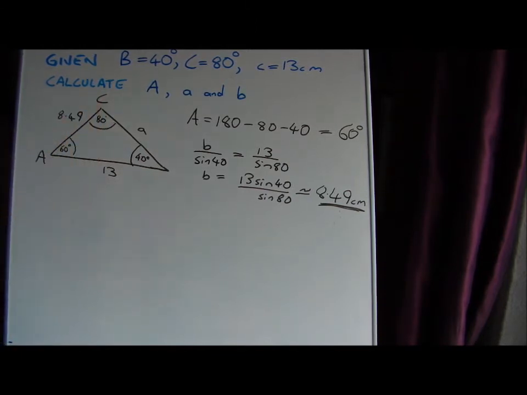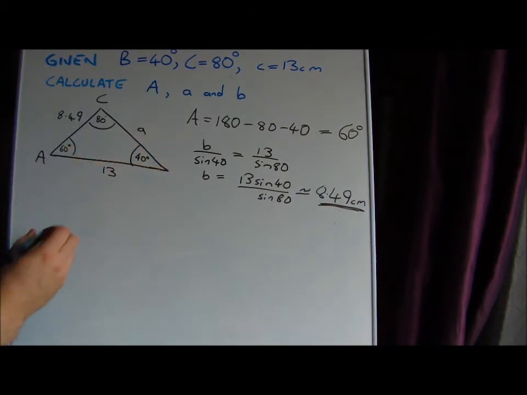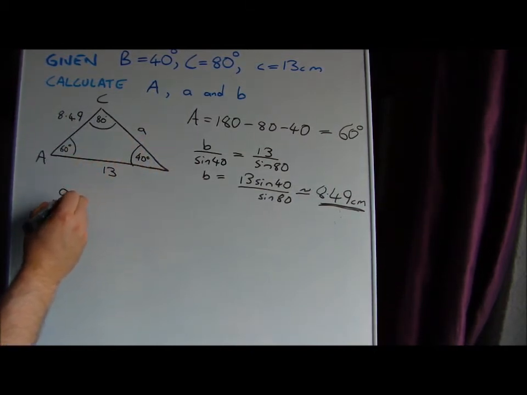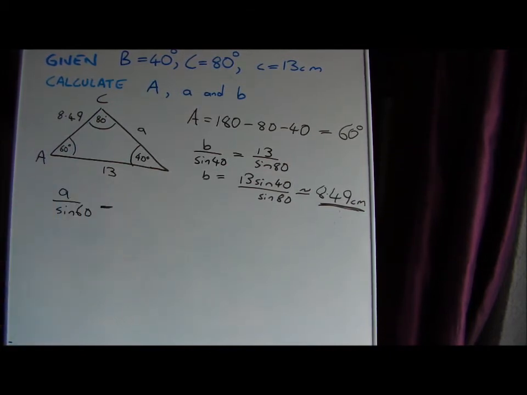If we want to calculate side A, we can do the same again. So we'll write down the sine rule formula for this side and the opposite angle. So we can calculate side A over sine 60 is equal to, well, again we can choose another pair of sides. It's better to use those because then we're not using an approximate value.